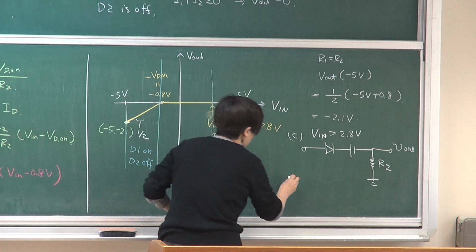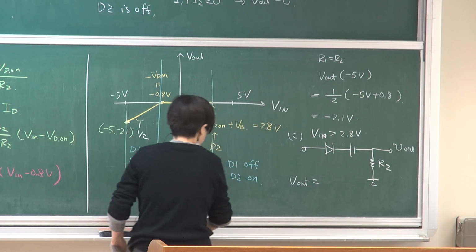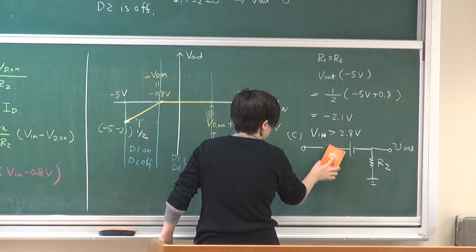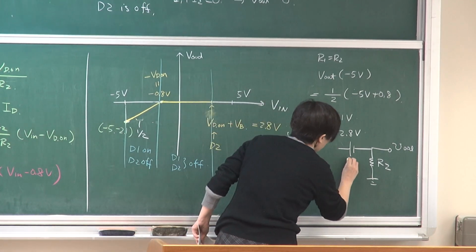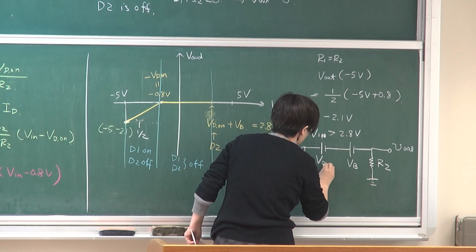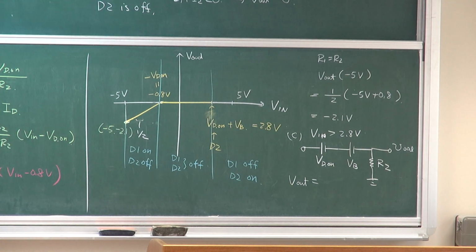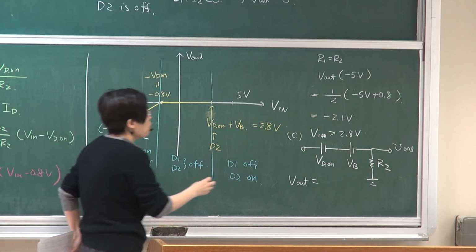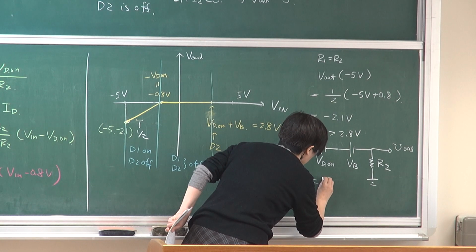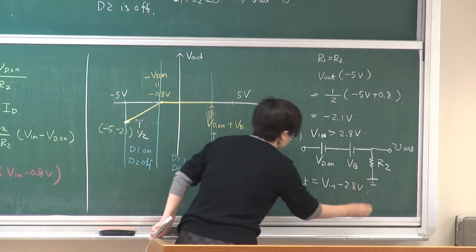So your output will simply be, this will be VB, this will be VP on. So there will be 2 batteries in series. Therefore, your VL will be Vin minus 2.8 volt.